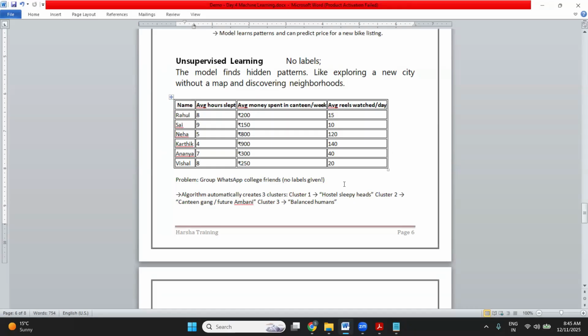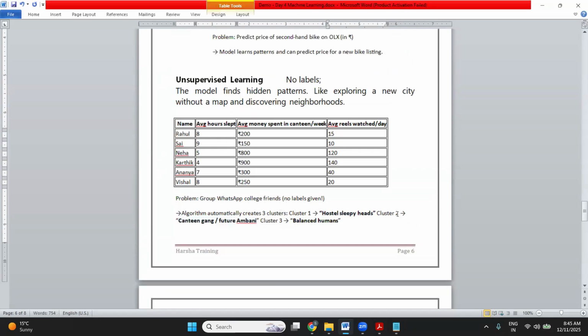The model is predicting whether these guys belong to this sleeping heads category, or the canteen gang category. Just a funny analogy there. Or they are normal humans.